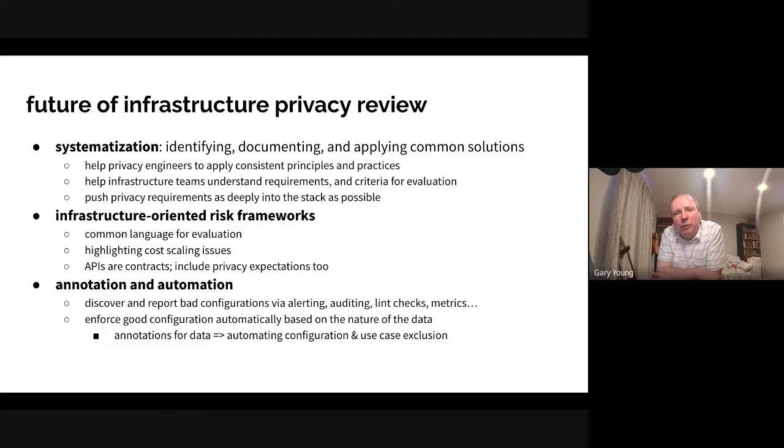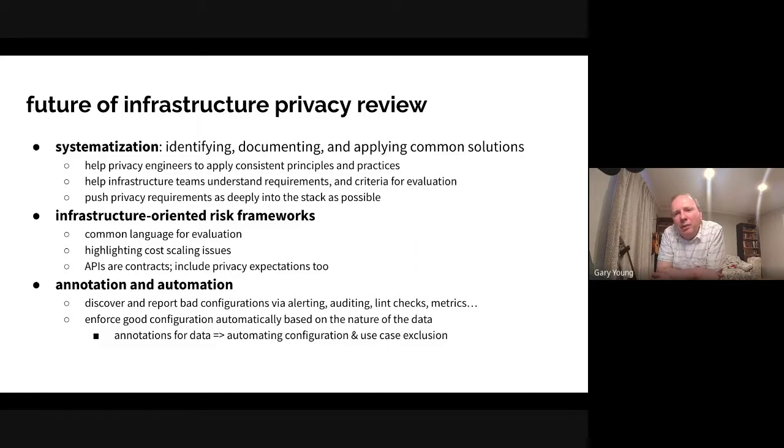We think it's important for there to be infrastructure-oriented risk frameworks. So, having a common language for evaluation, but not just focusing on risks, but focusing on the cost and scaling issues that happen when you are trying to get large numbers of people to do particular workarounds that may not work in terms of funding models for a company.